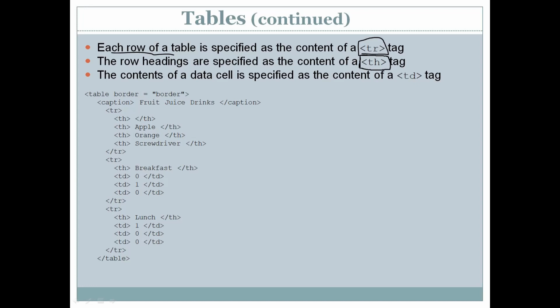Then we have a tag called td, which is used for table data. The actual data will be the content of the td tag. So we add the data inside the td tag, whereas headings go inside the th tag. A row is created by using the tr tag, and a table is created by using the table tag.